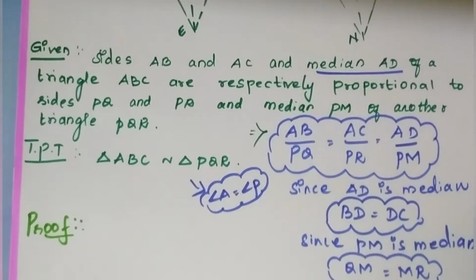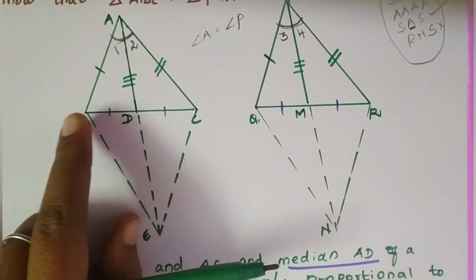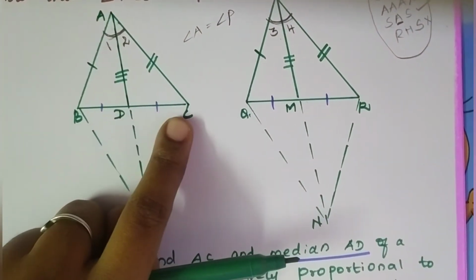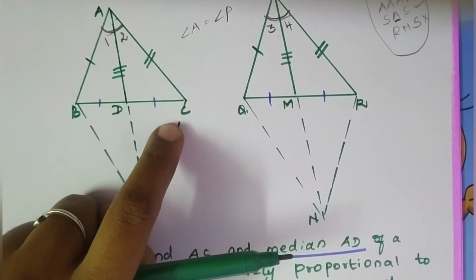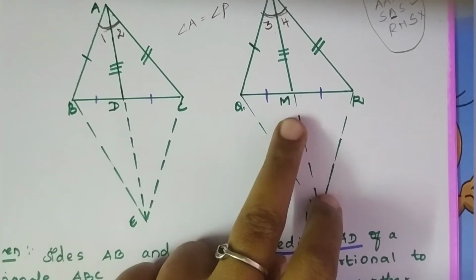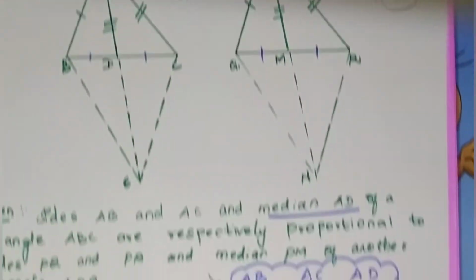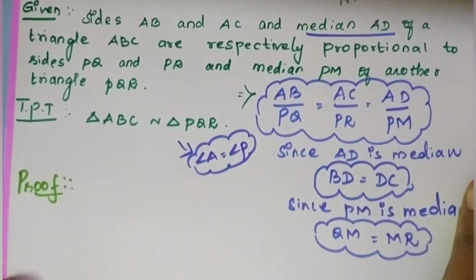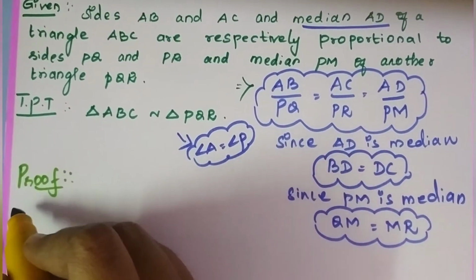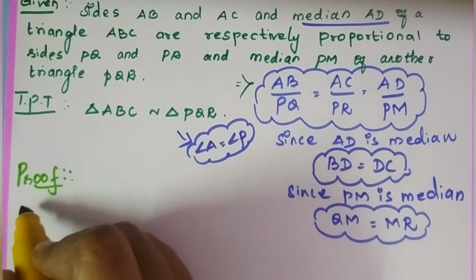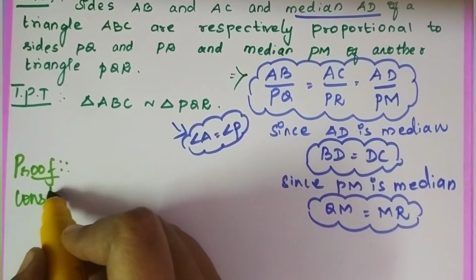Proof: BD is equal to DC and QM is equal to MR, we know already. And before the proof, we have to write the construction. Before the proof, you have to write the construction.